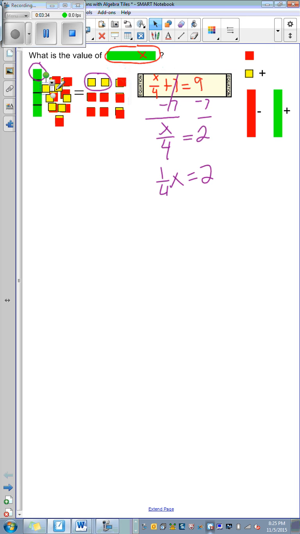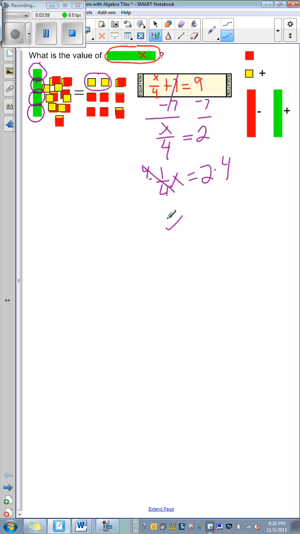So you have x equals 8. Really, what people always say is we have to multiply by the 4 to get rid of it. Well, we're multiplying by that 4 because we're really saying each section needs 2, so we are doing repeated addition, or we can multiply. So we get in the end that all of x equals 8.